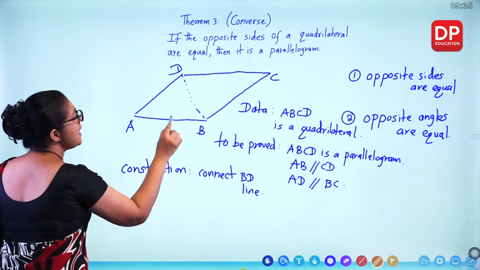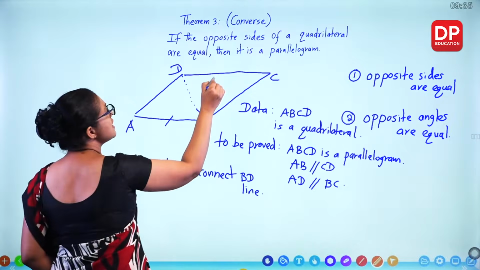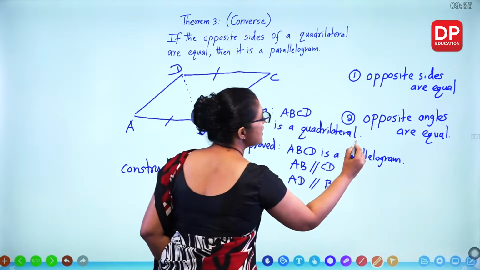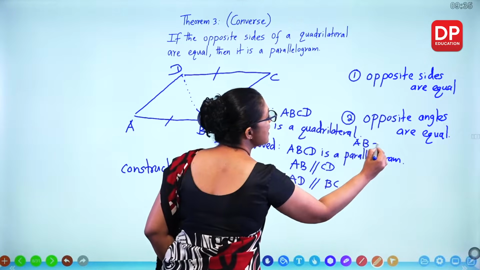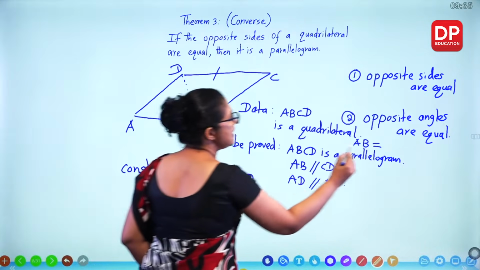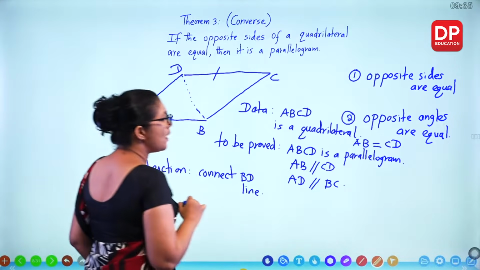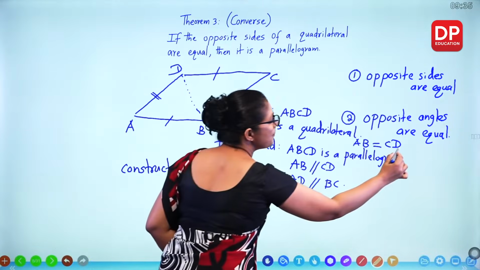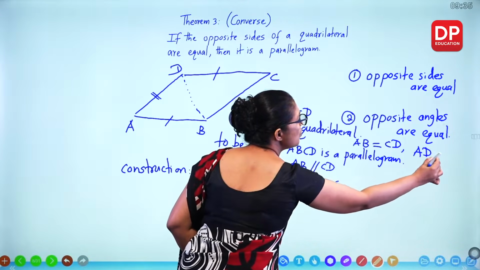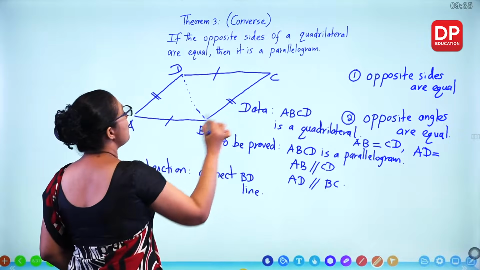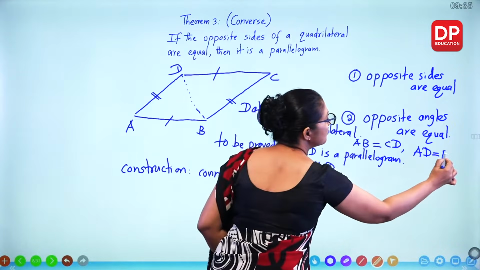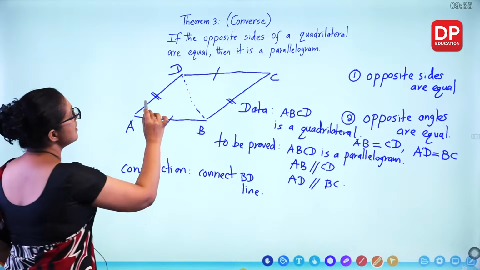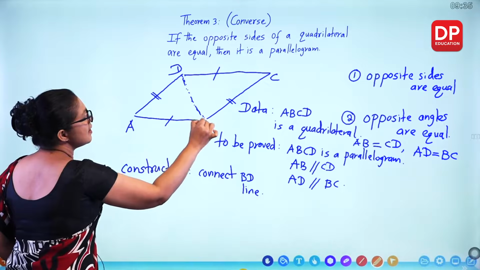So AB is equal to CD. We can write under data, we know that AB is equal to CD, as well as when you take the other side, AD is equal to BC. And this is a common line.